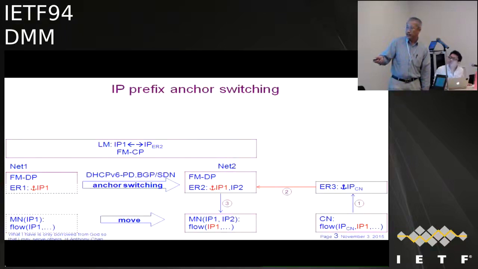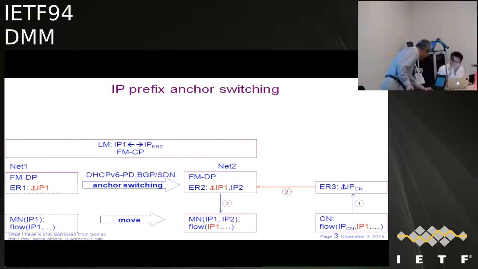This edge router is entering the IP1. This is the main network. The edge router is entering the new IP address. And if you need to use the old IP address, then we will have to use the CPP segregation, BGP or SDN or all these combinations, so that this address will now belong to the new network, so that the BT update and all take place, so that the packet will go directly over there. This is the case for mid-session switching the anchor.